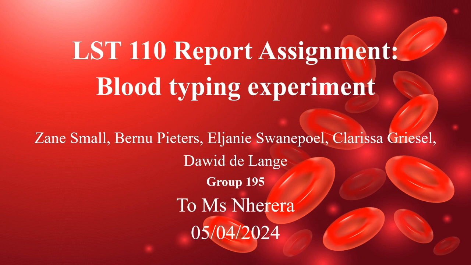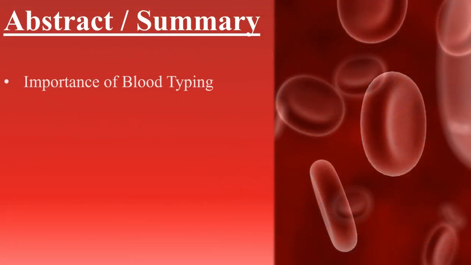I will start with the abstract. This report demonstrates the importance of blood typing through hemagglutination reactions between blood antigens and antiserums. Hemagglutination reactions occur when specific antibodies in antiserums bind to corresponding antigens on red blood cells, causing them to clump together, which is used to determine blood type.